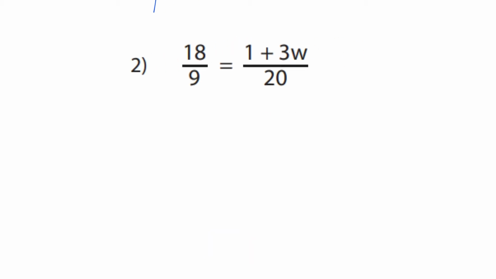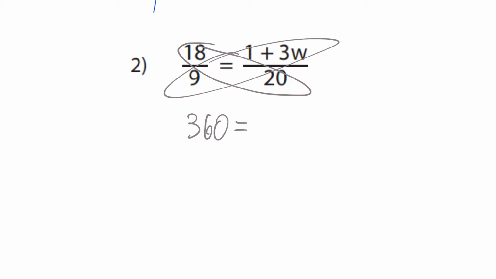All right, and then on this last one, 18 times 20 is what? Is 360 equals, what's 9 times 1 plus 3w? 9 plus 27w. Good. Right, because 9 times 1 is 9, and then 9 times 3w is 27w.